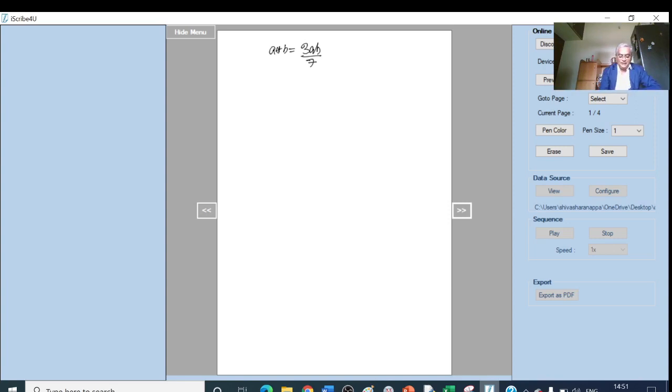First consider A star of B star C. This is A star of 3 by 7 into BC. Again, this is 3 by 7 into this element into this element, so that is A into 3 by 7 into BC. This is equal to 3 into 3 is 9 ABC divided by 49.